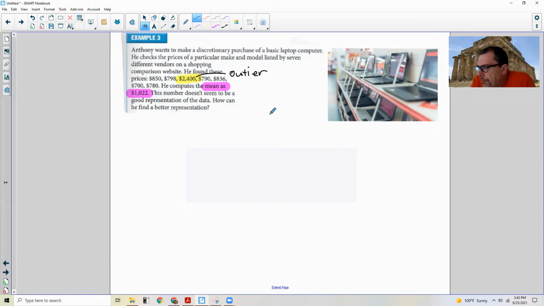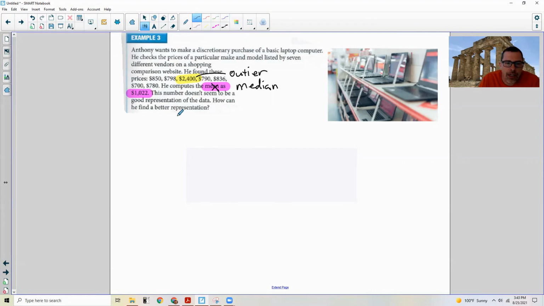And when there is an outlier, the mean is often not a good representation. So when an outlier exists, we do not want to use the mean. Instead, we're going to use the median. The median just means the middle value when you put the values in numerical order from least to greatest. When the mean of the data set is not equal to the median, then the data is what's called skewed.